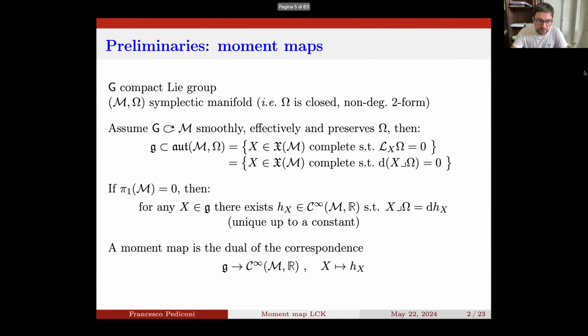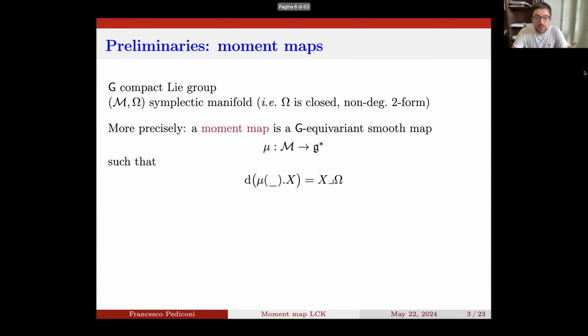Well, a moment map for the action of G is essentially the dual of the correspondence that takes one vector X inside the Lie algebra of G and gives you the potential H_X obtained in the way I described before.